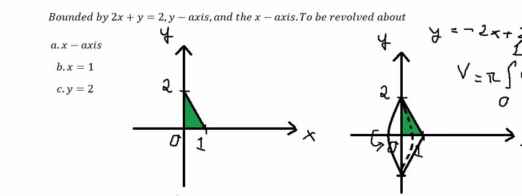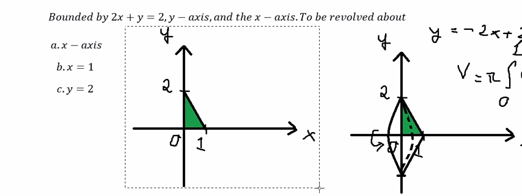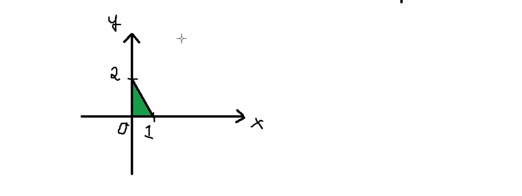So go to the second one, x equals 1. So I copy this graph in here, x equals 1, that should be in here. So if we rotate, it should go like this.